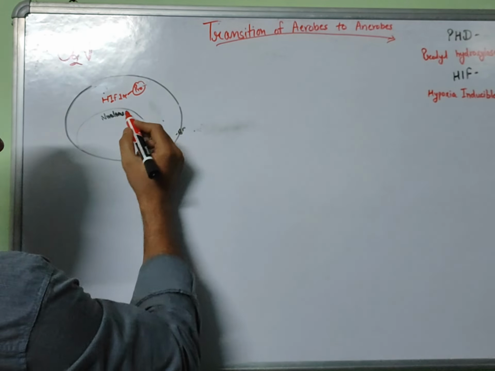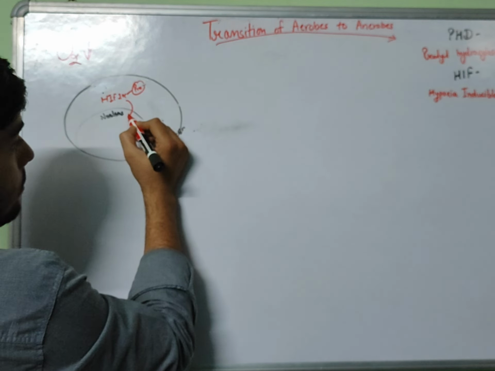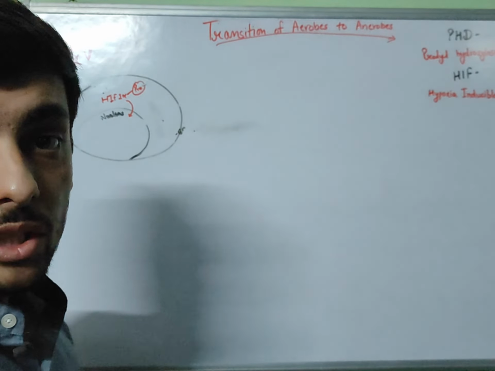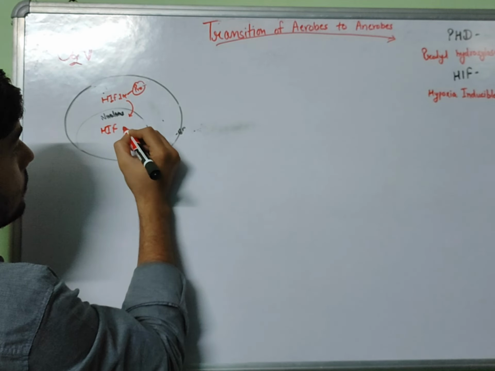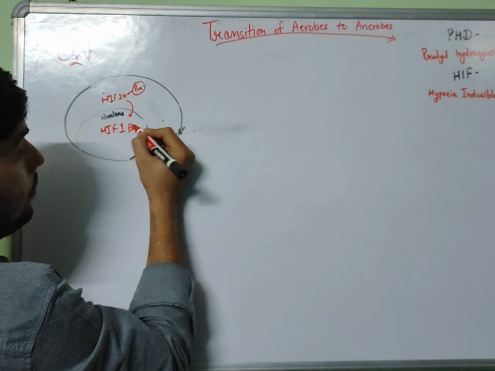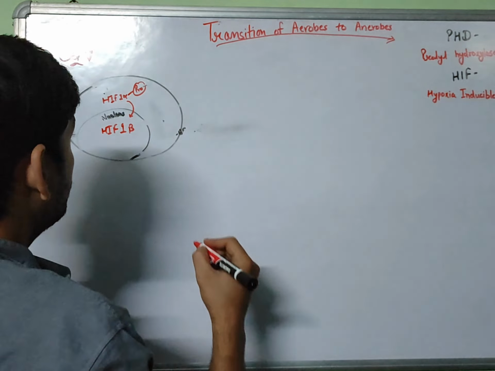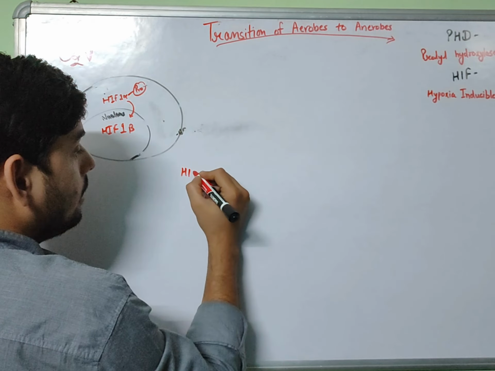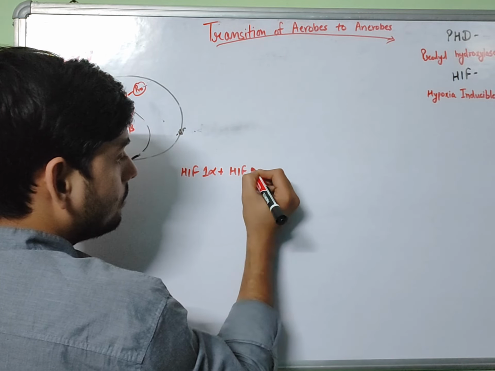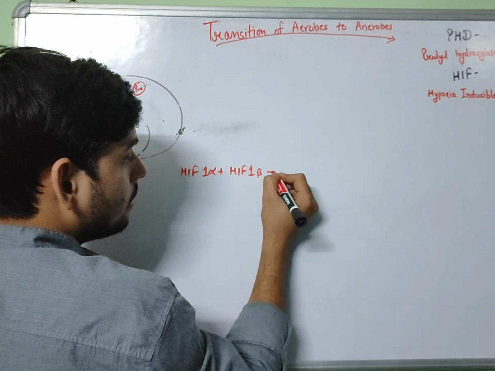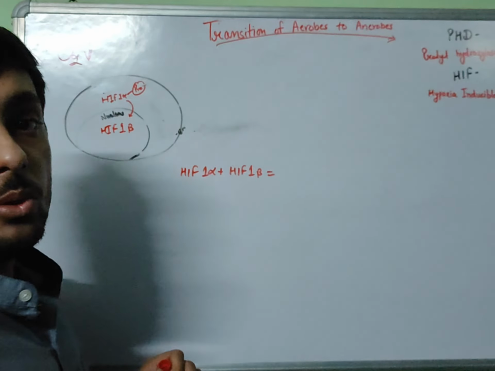After this, HIF1 alpha will go inside the nucleus, where it will meet HIF1 beta. HIF1 alpha plus HIF1 beta will form a heterodimeric structure.